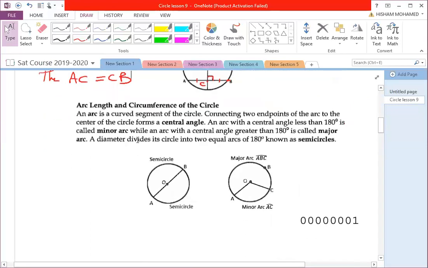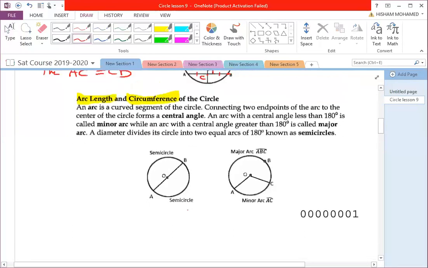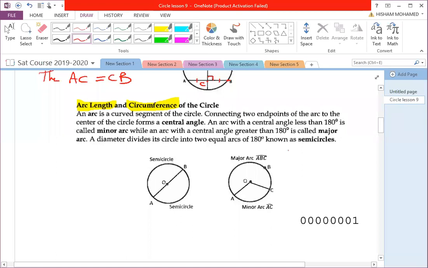Next one: length of the arc and the circumference of the circle. An arc is a part of the circle, which represents a length of the circumference.